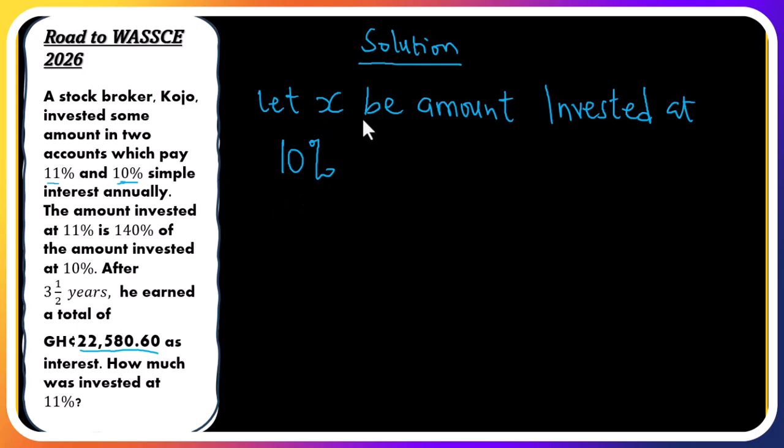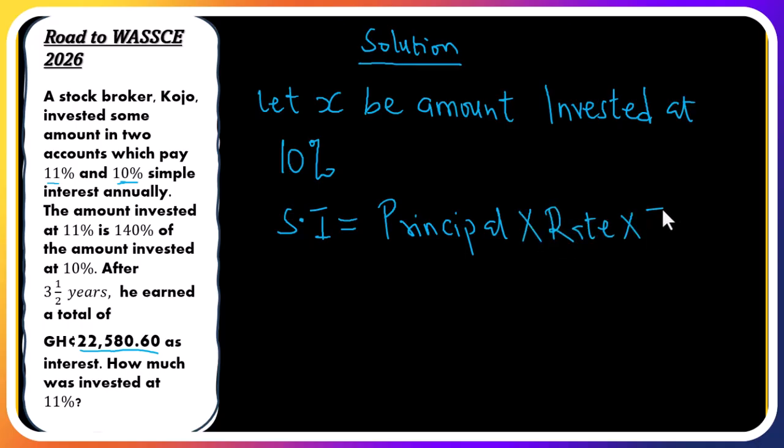This question takes us back to simple interest. Now, simple interest, or interest, is equal to the principal, which is the amount invested, times the rate times time.